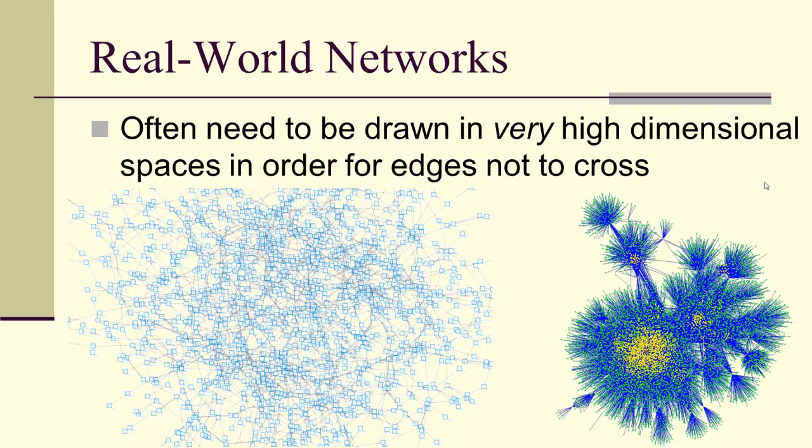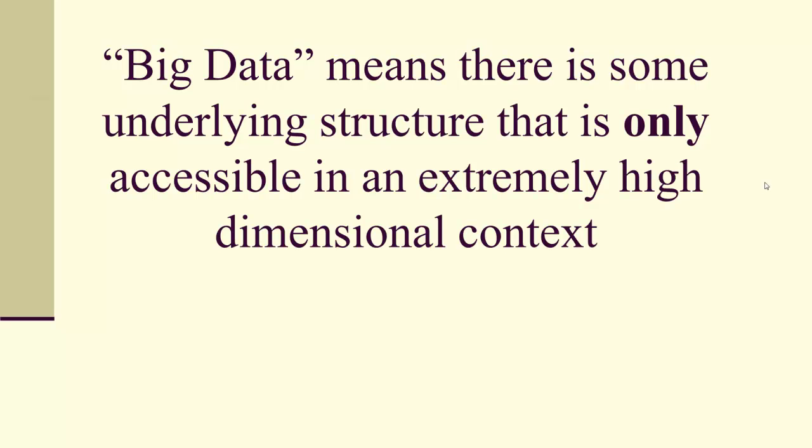In other words, if I wanted to draw these graphs on a surface like a sphere or a plane, only drawing such things in a high-dimensional context, then the surface that we use would have to be so complex that in order to embed that surface into a high-dimensional vector space, the dimension would have to be extremely high. So, big data means that there's some underlying structure that is only accessible in a very high-dimensional context.